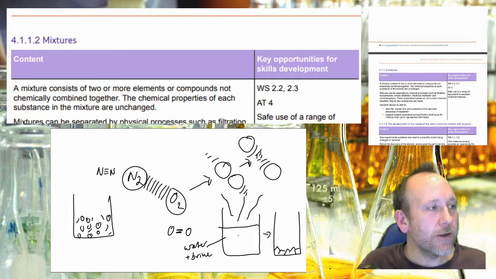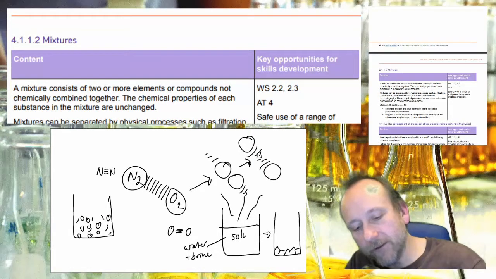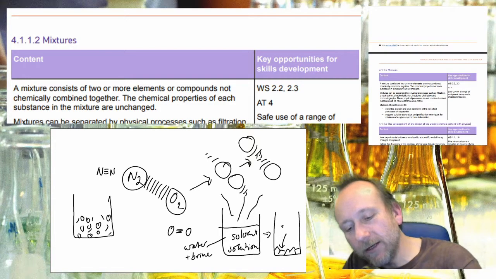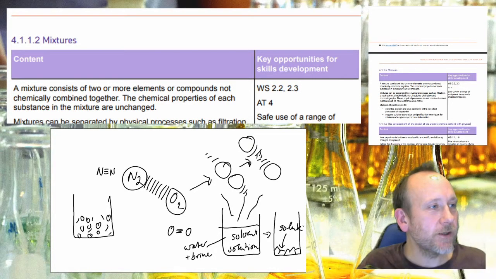We call the water in this case a solvent, and the whole thing is a solution. The thing that was originally dissolved in the solvent was the solute. Okay, later on we'll talk a little bit more about that.